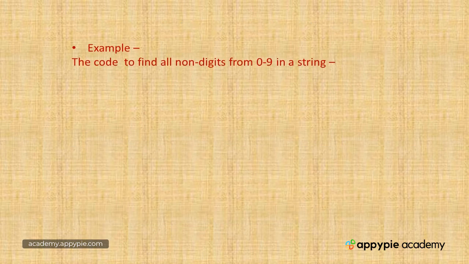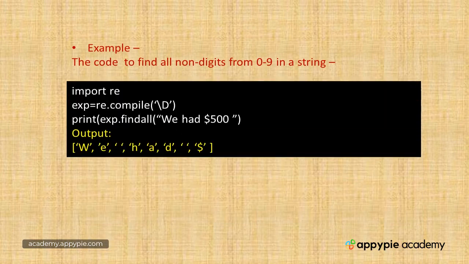Let's go to another example. Suppose I want to write code whereby I want to find all non-digits in a string. Now it is the reverse. So again, in statement number 1, I am writing import RE, the built-in module being imported through the import statement. Then I am writing exp is equal to re.compile, within parentheses I am writing \D within single quotes.